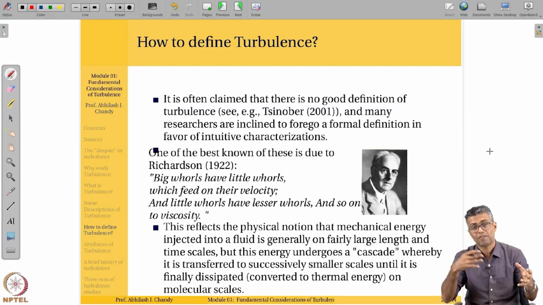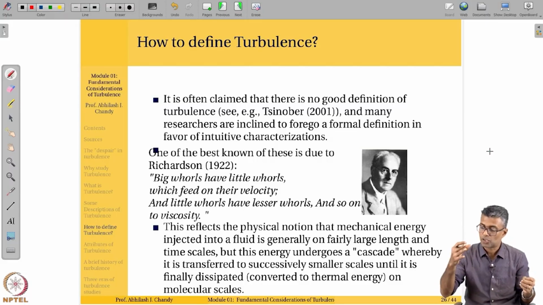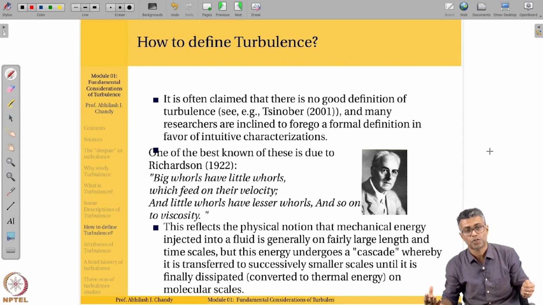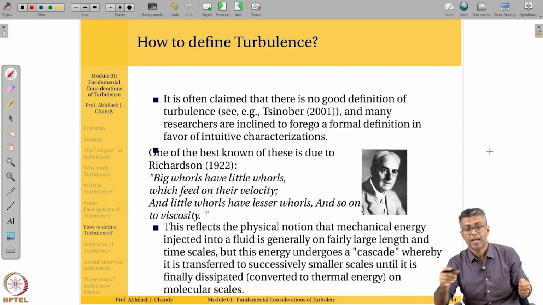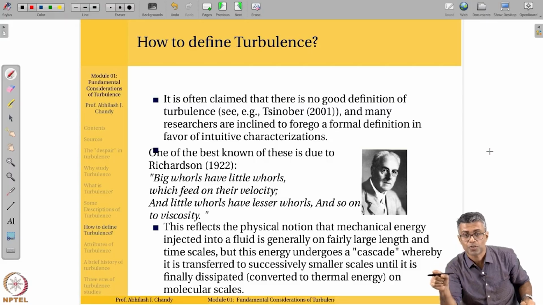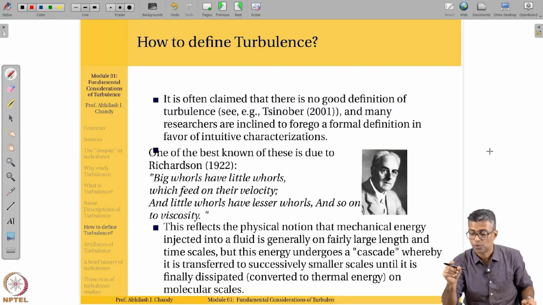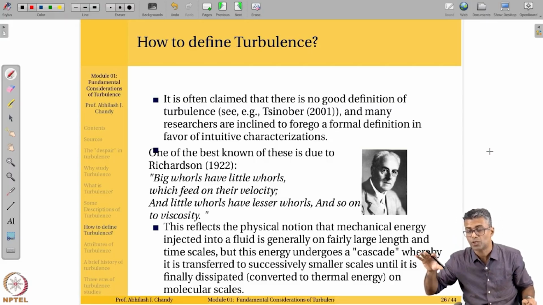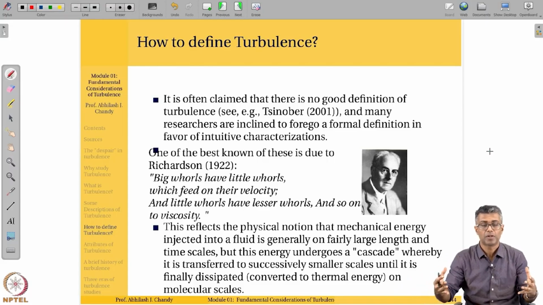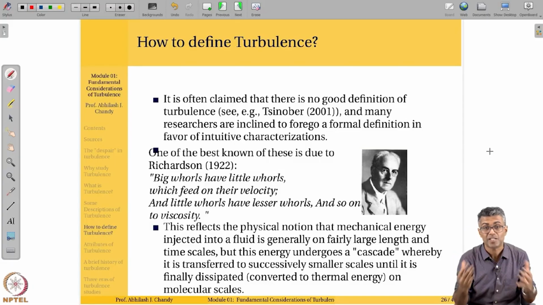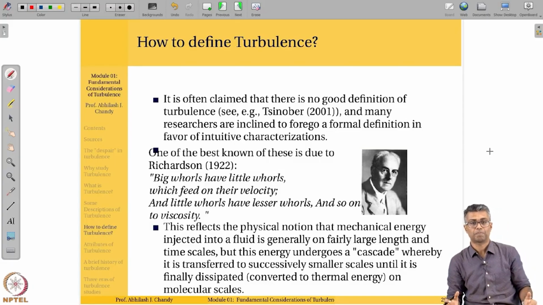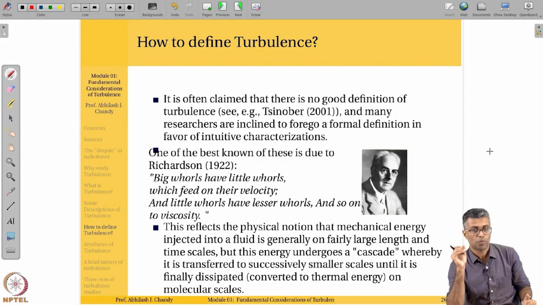And the little walls have lesser walls, meaning the small scales are breaking up into even smaller scales, and so on. It keeps breaking up, and so on to viscosity. That means as you get to the smaller scales, eventually they sort of disappear, and disappear is not the technical word, dissipate is the word. They dissipate due to viscosity. That is essentially what it's saying.